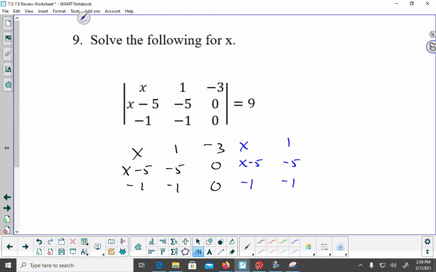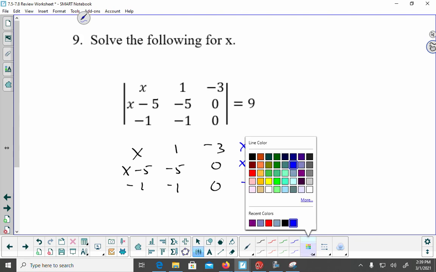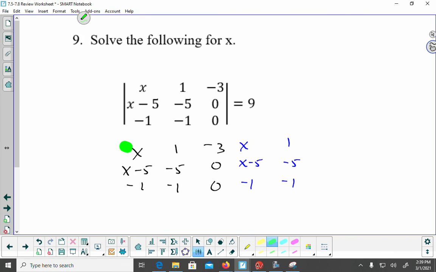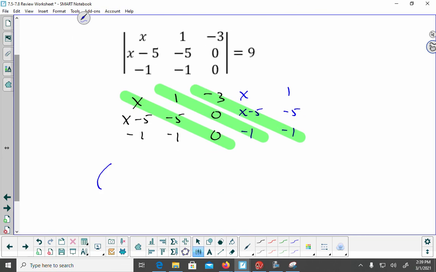And then I am going to highlight, loop, whatever, these guys. And when I do that, I'm going to get 0 plus 0 plus, and then this is a -3 times a -3, which will be a +3. But it's 3 times that x minus 5.